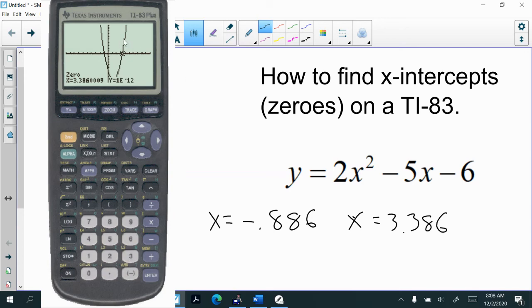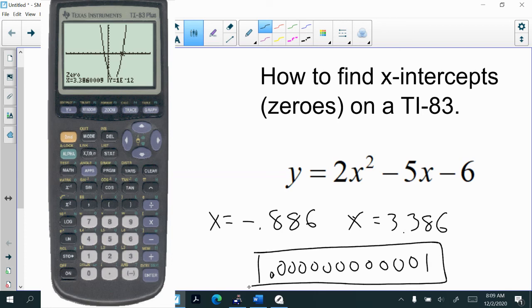So what it's actually saying is the y coordinate, instead of being 0, the calculator wants to tell me that it's 1, 2, 3, 4, 5, 6, 7, 8, 9, 10, 11, 1. Now again, that's my y coordinate. I truly hope people are not freaking out about this, because when I round this to the nearest third decimal place, I am really looking at 0.